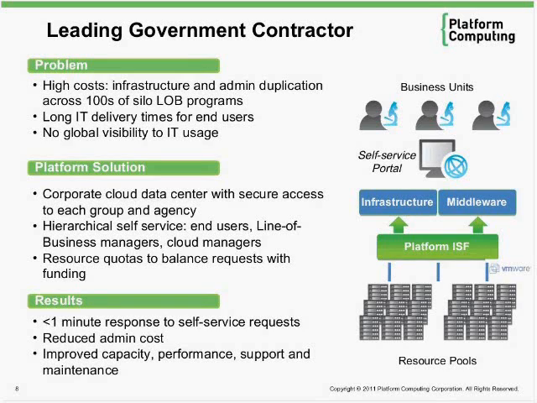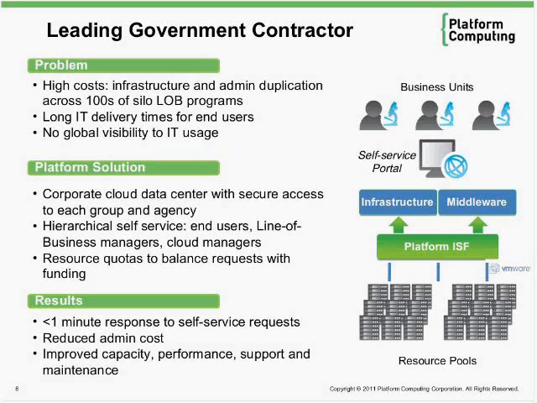So they took a different angle to try to create a centralized, corporate-wide cloud to run the data center and have the resources there securely delivered to all these different groups and programs and lines of business. So therefore, a natural requirement they have is multiple levels of hierarchical self-service, both supporting end users as well as management administration.